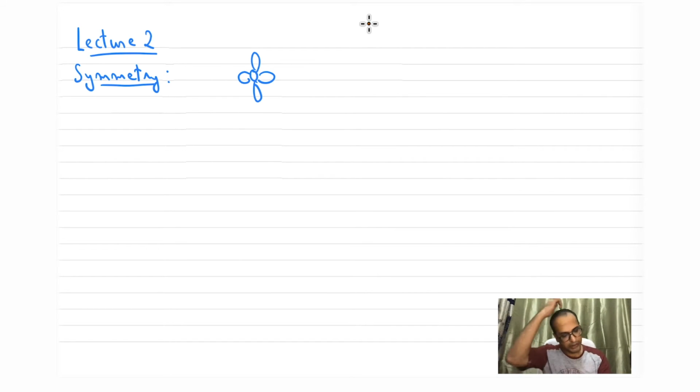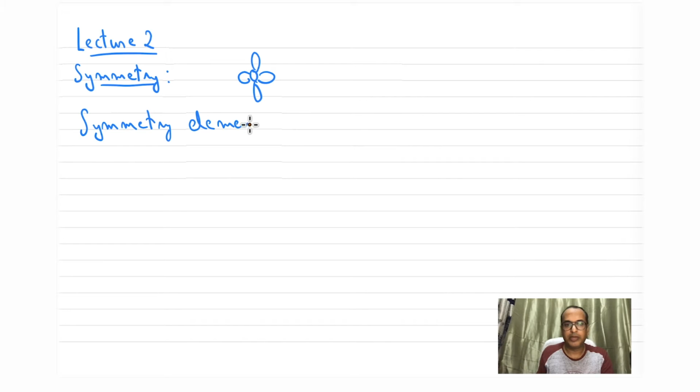That part will come later. So let's look at symmetry elements and symmetry operations, and then we'll go to group definition later.